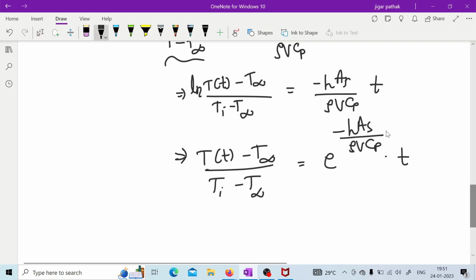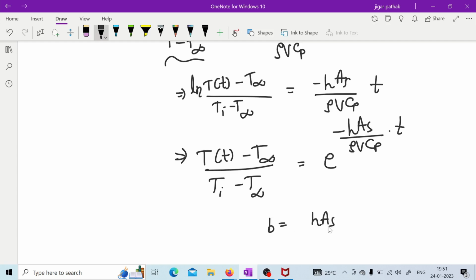Sorry, here it will be this. So this h A_s upon rho V cp can be considered as a time constant, right? You can write this h A_s upon rho V cp with a constant B, which is nothing but the time constant.